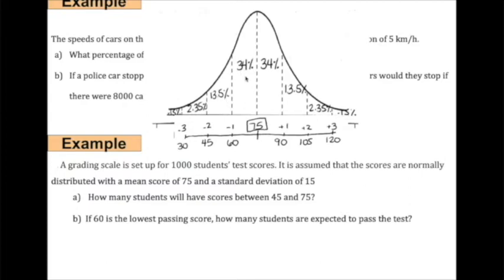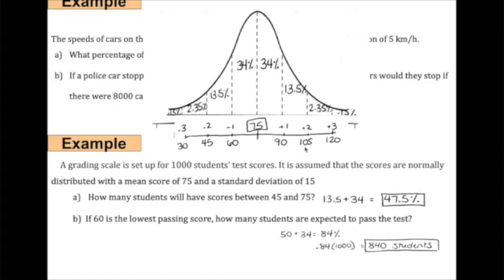That's just equal to 13.5% plus 34%, which is equal to 47.5%. Next, question B: if 60 is the lowest passing score, how many students are expected to pass the test? So the students must score 60 points or above.